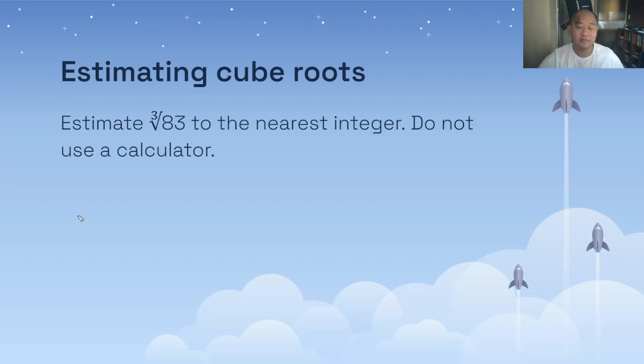Estimating. Sometimes, though, you won't have a calculator and you'll have to estimate. And so here we have estimating the cube root of 83. So if we look at 4 times 4, that's 16, times 4 is 64. And then we look at 7 times 7. We already did this one earlier, right? 7 times 7, but I already forgot the answer, is 49 times 7.